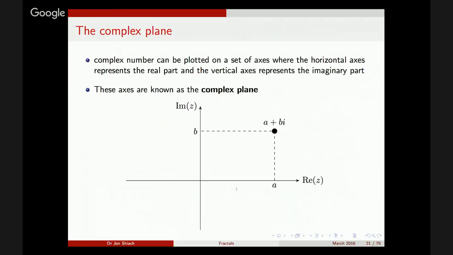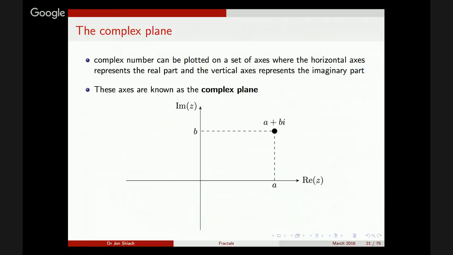The Mandelbrot set is actually drawn on what we call the complex plane. The complex plane is just a way of picturing where complex numbers are. So here I have the complex plane. This horizontal line is my real numbers, the real part of the number z.